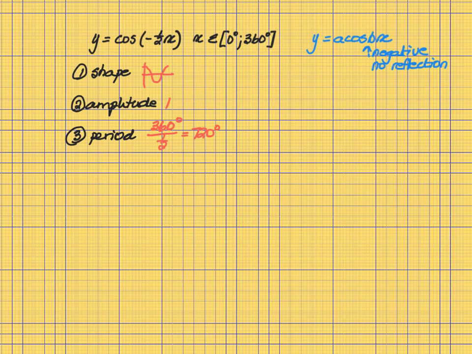Then the significant points are going to happen every 90 degrees, the basic cos graph, divided by a half, which is equal to 180 degrees. And lastly, what happens when x is equal to 0? If you type into your calculator the cos of negative a half times 0, you will get 1.